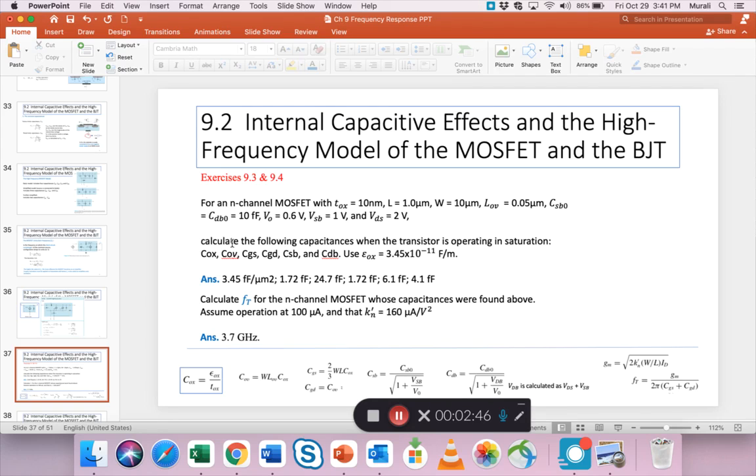So given all this, calculate the following capacitances when the transistor is operating in saturation.